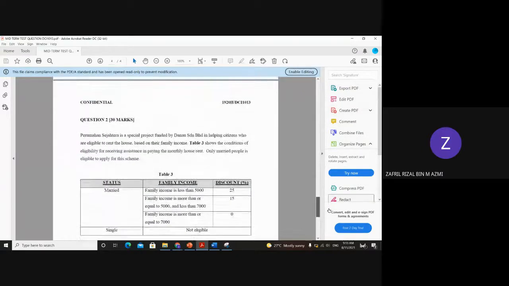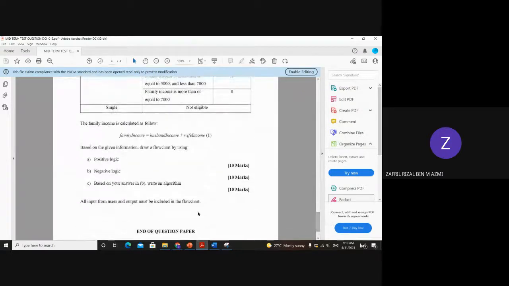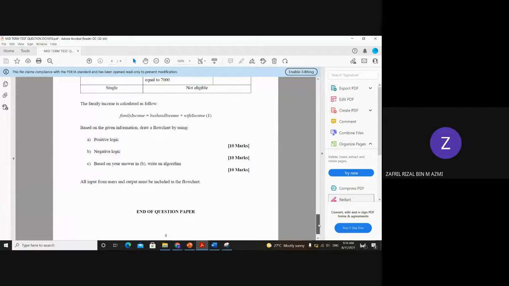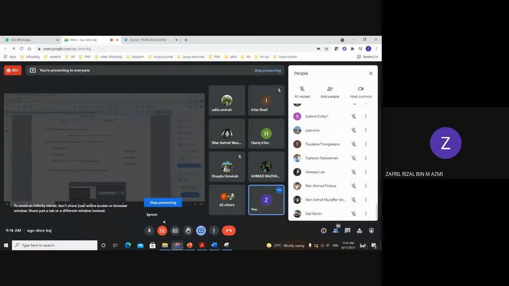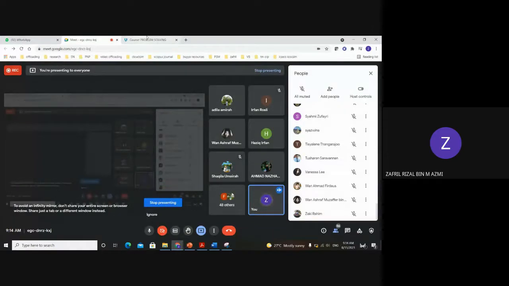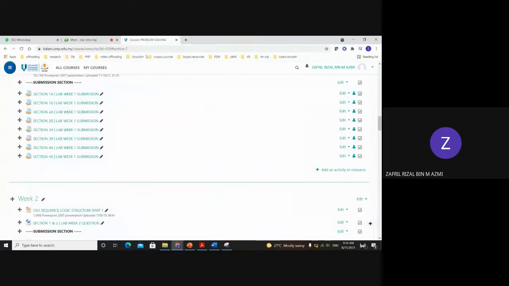For example, in question 2, you see there is positive and negative, so you need to follow. Answer all questions and submit through Kalam before lab this Friday, so before Thursday midnight. Can, guys?